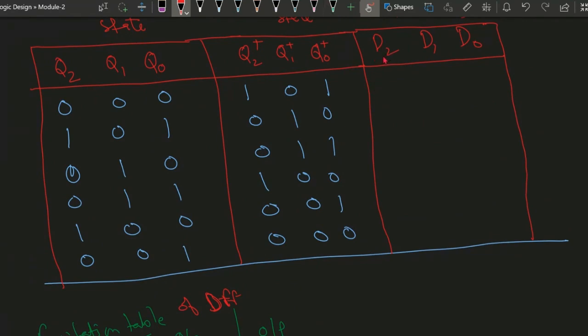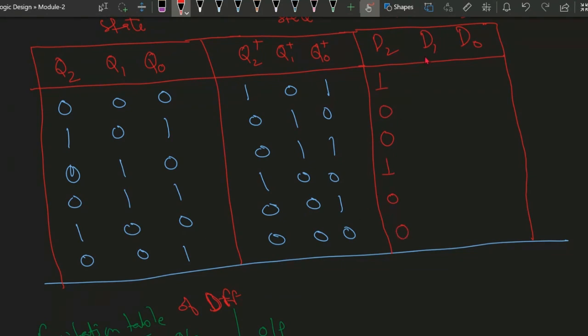D2 will depend on Q2 and Q2 plus. If the present state is 0 and the next state is 1, the D value should be 1. If the present value is 1 and the next value is 0, it will be 0. It means D is decided based on the next state value. The next state value is the same value that will be here, so we can just copy and paste.